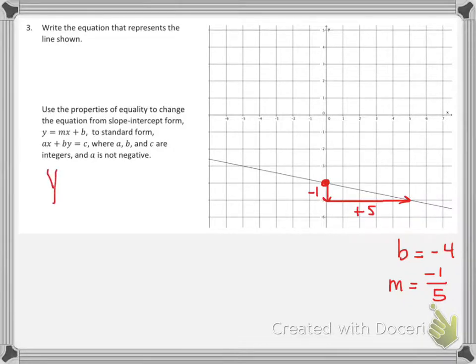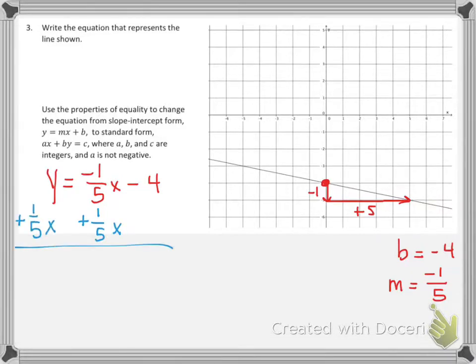Equation in slope-intercept form, y equals -1/5 x minus 4. Okay, and then we can change to standard form by adding 1/5 x, balance the equation, and we get 1/5 x plus y equals -4, standard form.